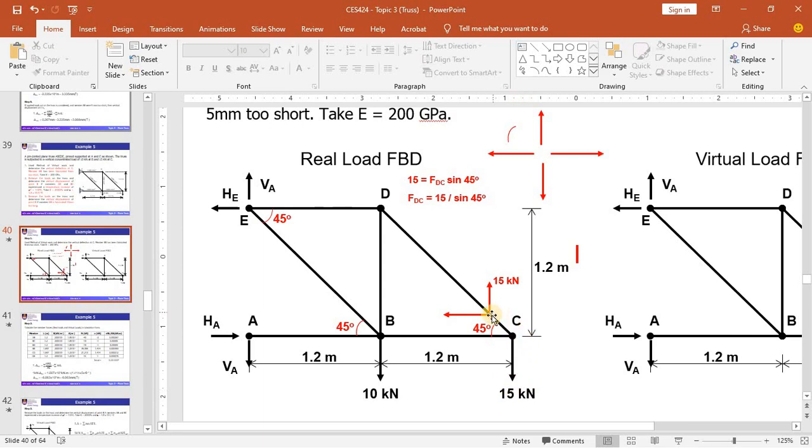So the same amount of 15 kN must be applied in the opposite direction. There are only 2 terms in this direction at joint C: the 15 kN applied load and the component from member DC. By checking the total forces in this vertical direction at joint C, you can see that the total force is equal to 0.